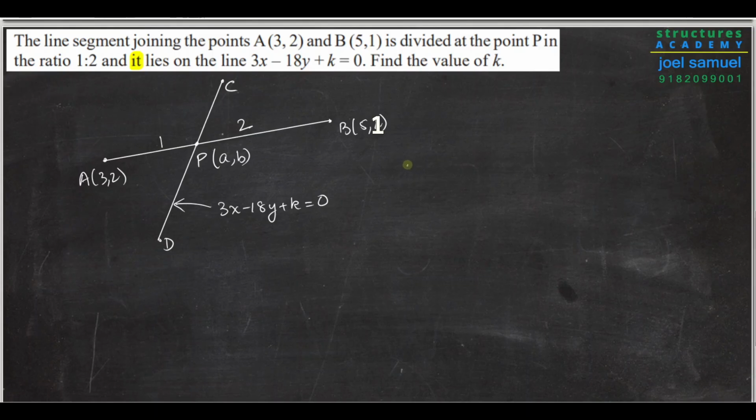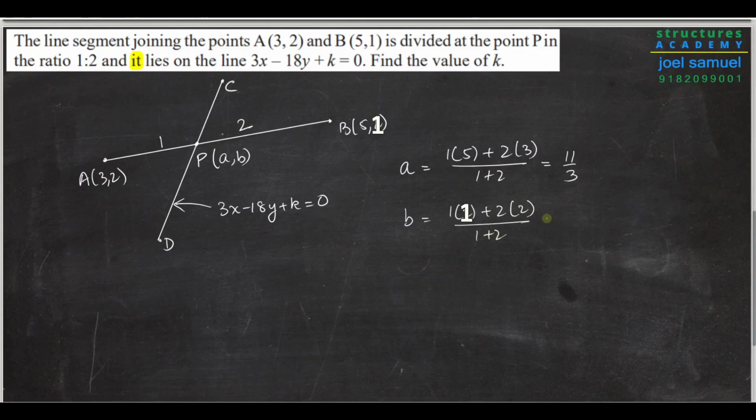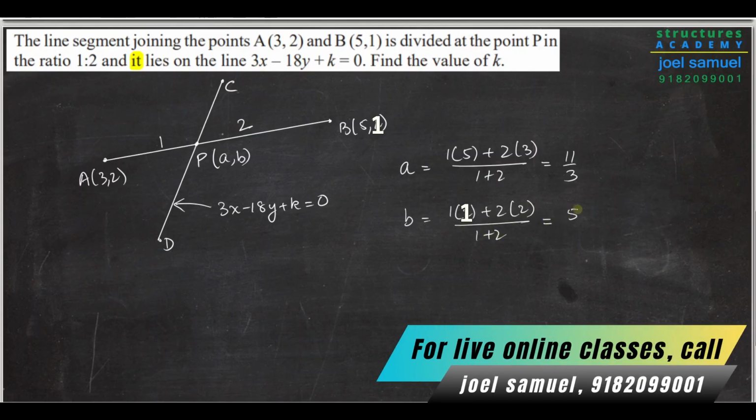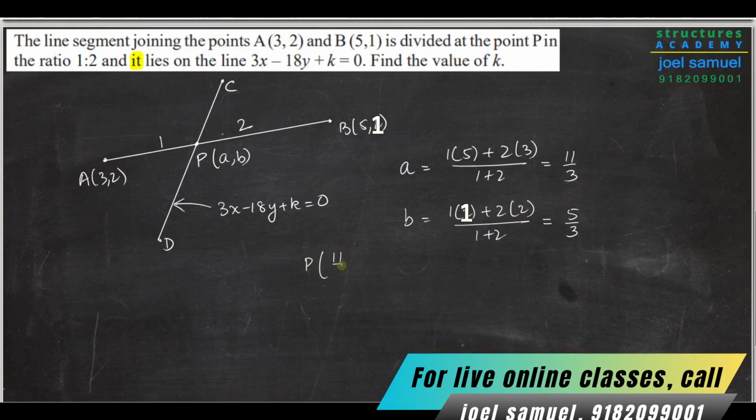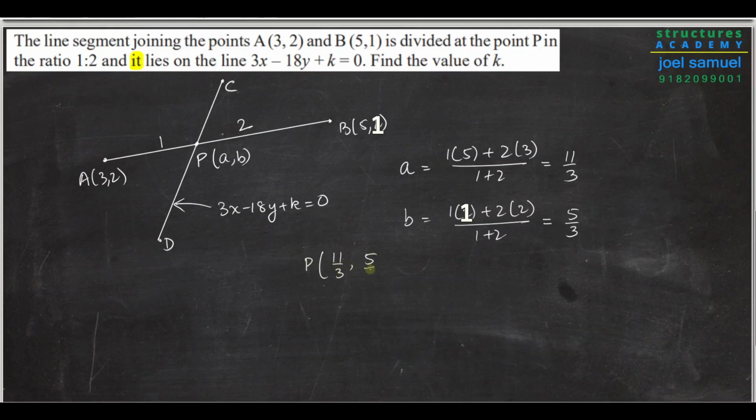So using the section formula, a becomes equal to (1 times 5 + 2 times 3)/(1 + 2). That's (5 + 6) is 11 upon 3. b is equal to (1 times 2 + 2 times 2)/(1 + 2), which becomes 5 over 3. Therefore the point P is (11/3, 5/3).